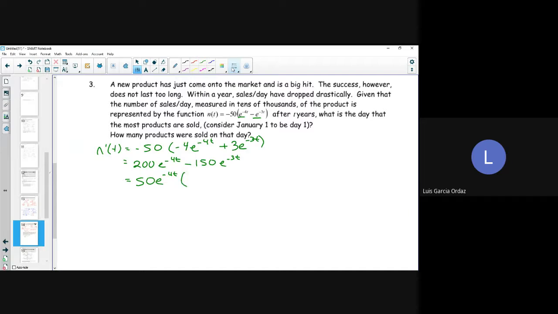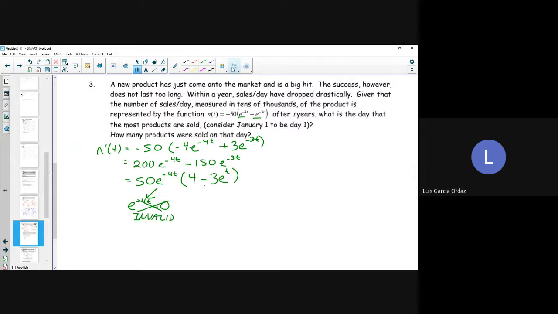Which means that I'm left with 4 minus 3e to the power of positive t. So now I have two functions that I can have roots for. So the 50 doesn't really matter. So I got e to the negative 4t is equal to 0. Again, that can never happen.